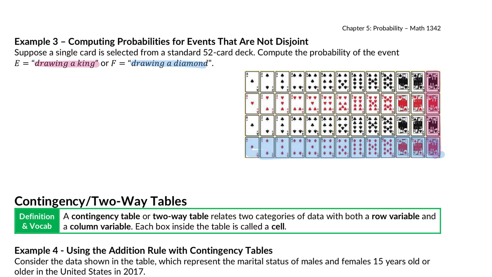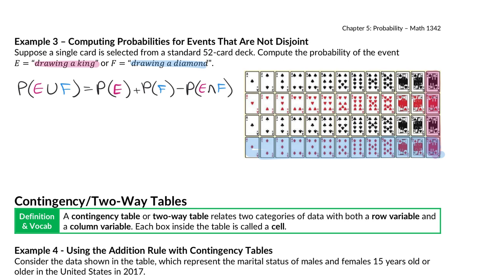So when we do the probability of this OR statement, the probability that we get either a king or a diamond will be the probability that we pull a king plus the probability that we pull a diamond minus the probability that we pull a diamond that's a king. So this will look like this. Probability of E plus the probability of F minus the probability of E and F. So they're happening at the same time.